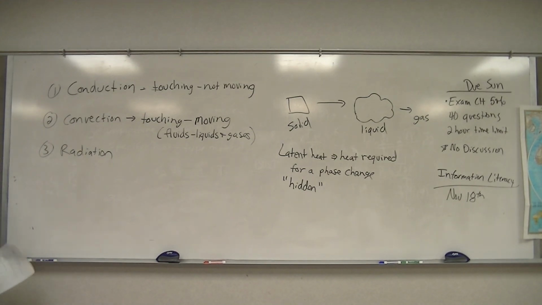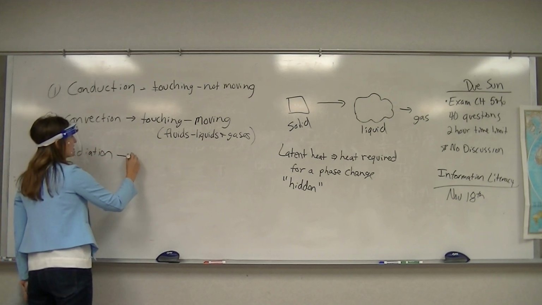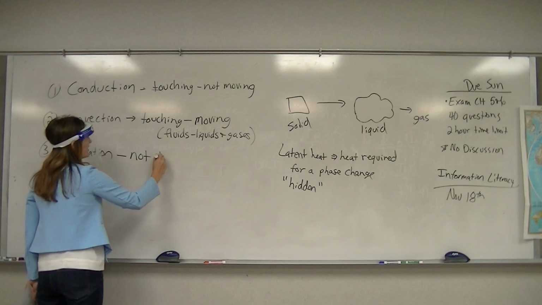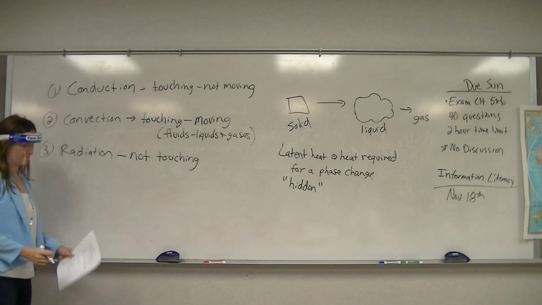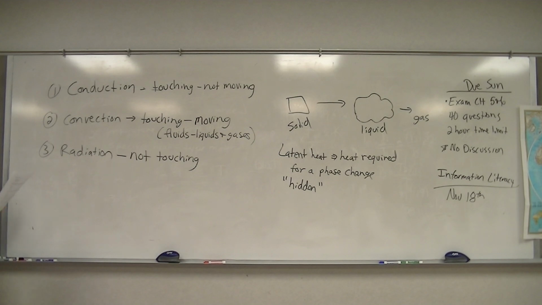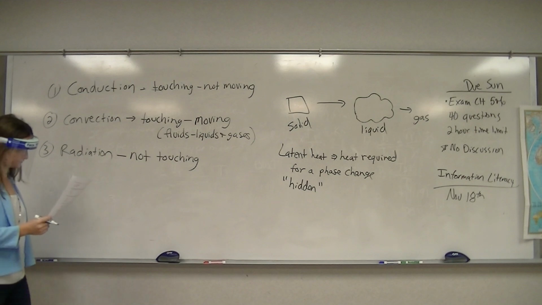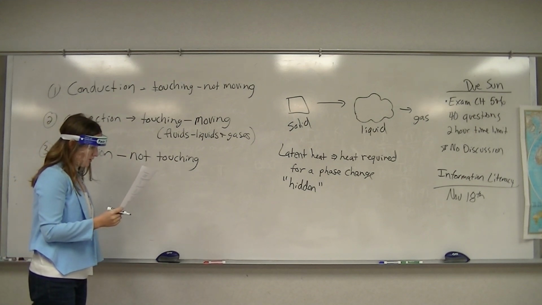The last one that we talked about, radiation, this was the heat that we could feel from the sun. So this is the only one of the 3 where the objects are not touching. So the question asks, which of these forms have the 2 objects not touching? Radiation's our only possible answer. The other 2 are.